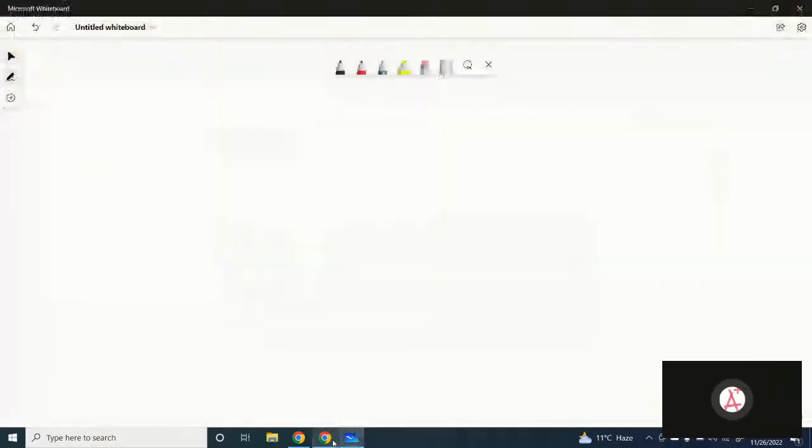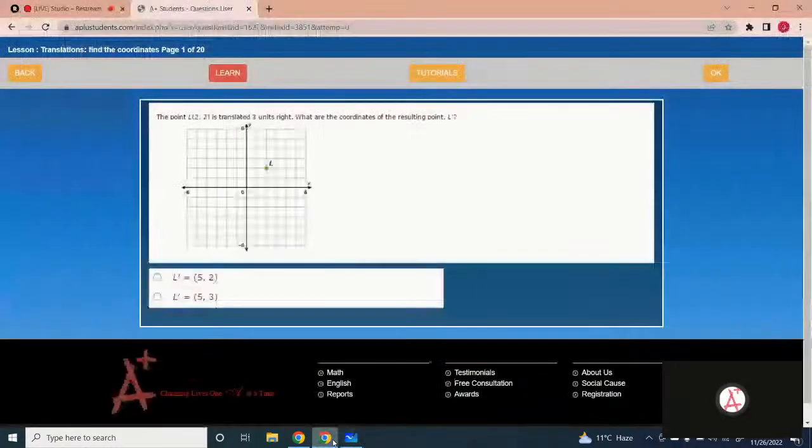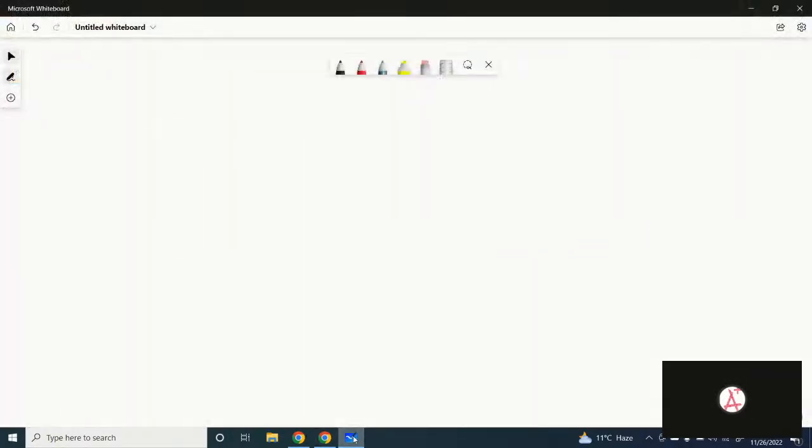Okay, the next one is the point (2, 2) is translated 3 units right. What are the coordinates of the resulting point L? Okay, you have a point L. Here is the point (2, 2).